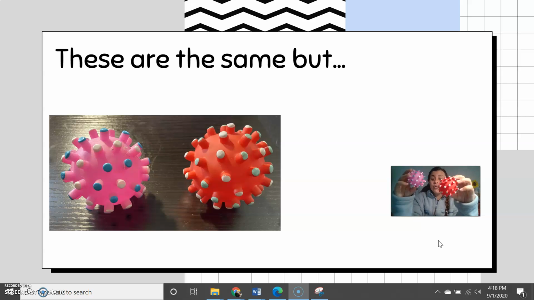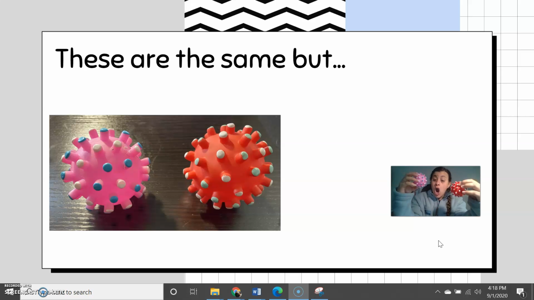How can we describe them as being the same? You might have come up with, these are the same because they both squeak. These are the same because they are the same size. These are the same because they both have pointy things.